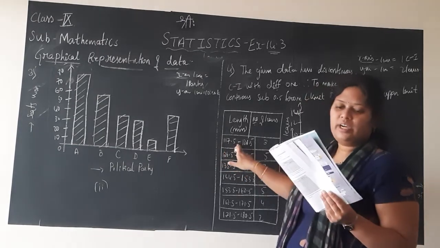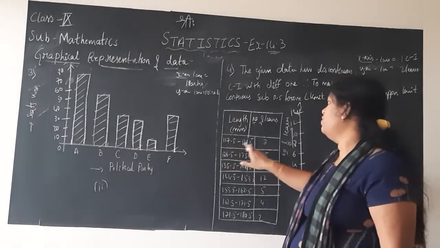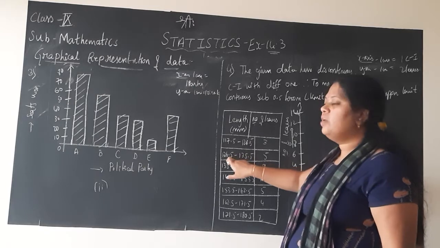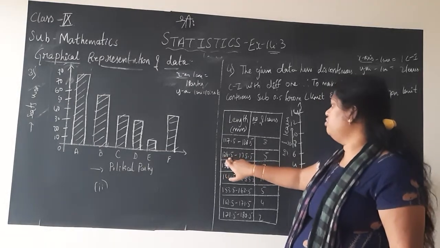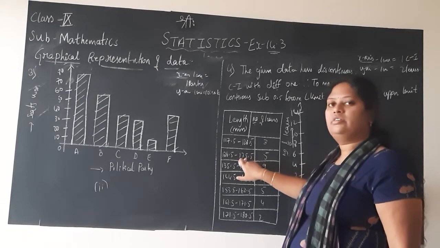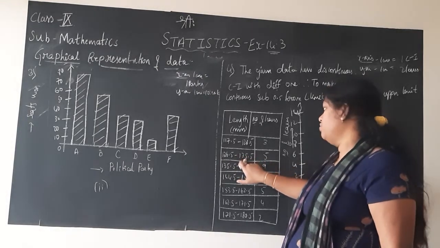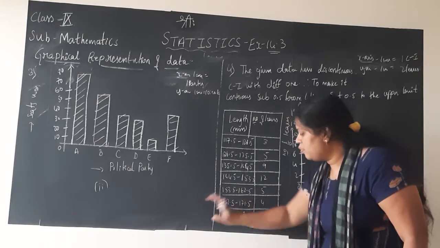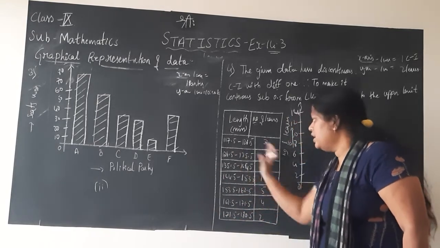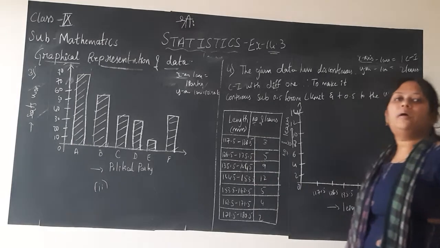Again you have 126, I added 0.5, 126.5. Again 127, I subtracted 0.5, so I got 126.5. Next, add 0.5 to 135, giving 135.5. So I have made it continuous by subtracting 0.5 from each lower limit and adding 0.5 to each upper limit.